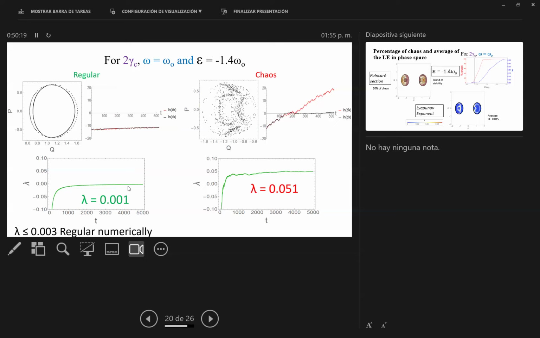Do you want to say anything? Maybe Miguel has. The tangent space gives information about the asymptotic dynamics. So Miguel is saying that the tangent space gives asymptotic information about the phase space.